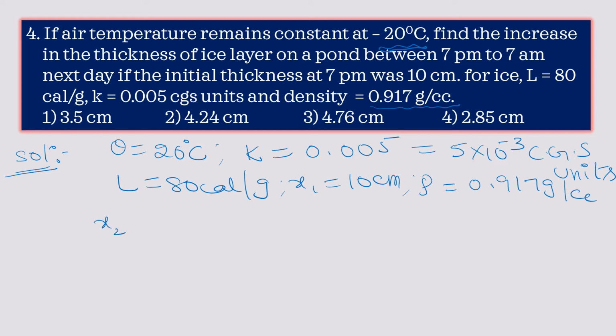X2 minus x1 we have to calculate and the required time delta T is equal to 12 hours, that is equal to 12 into 3600 seconds.